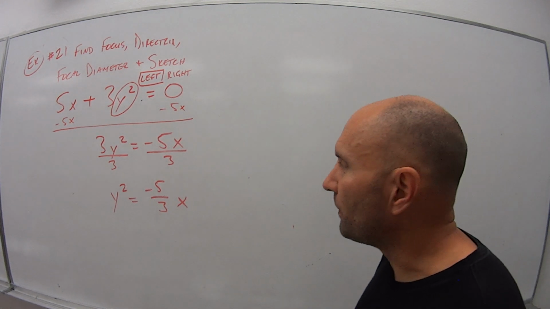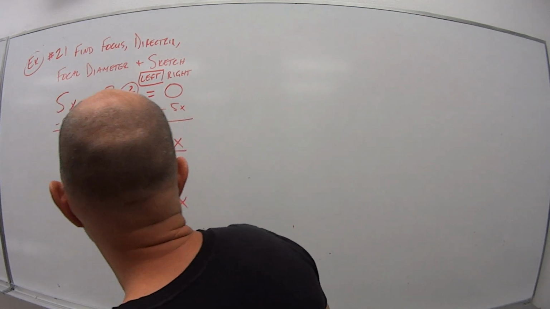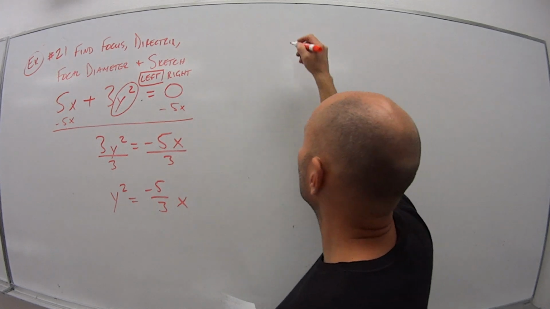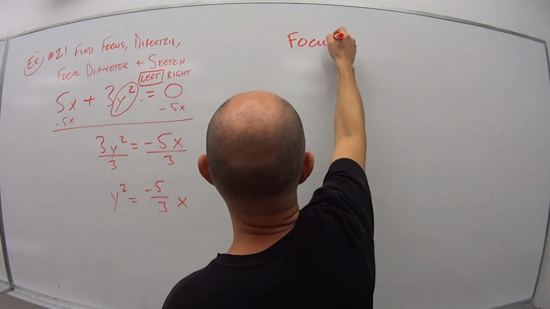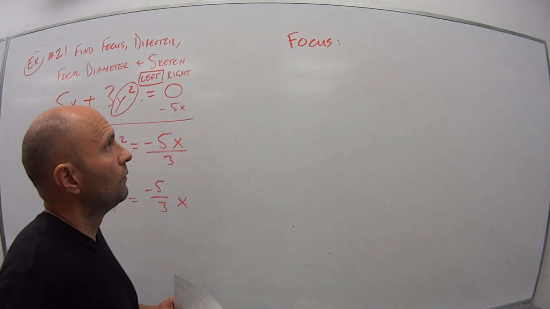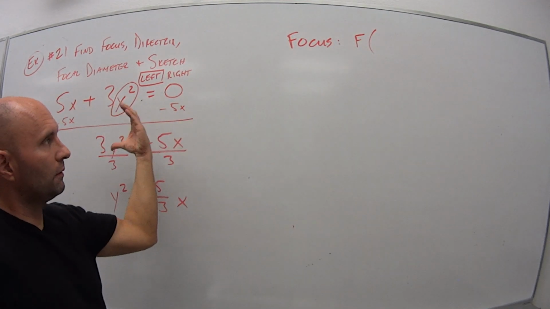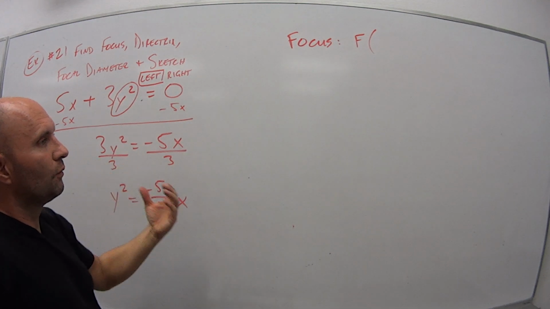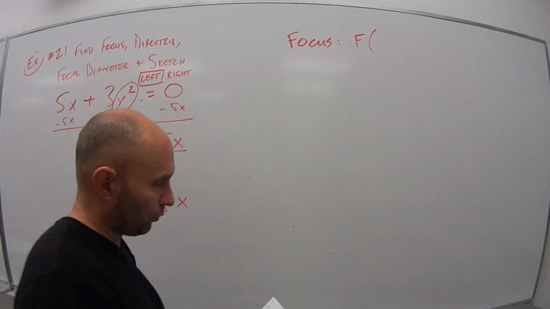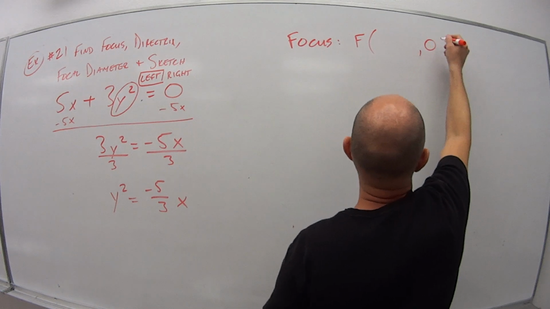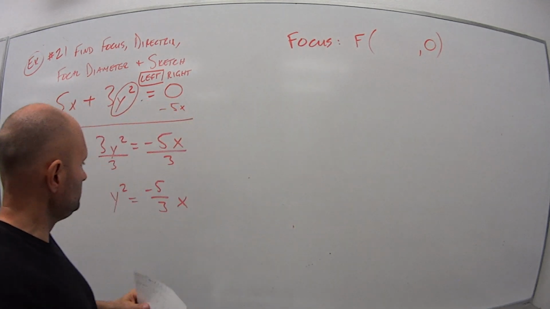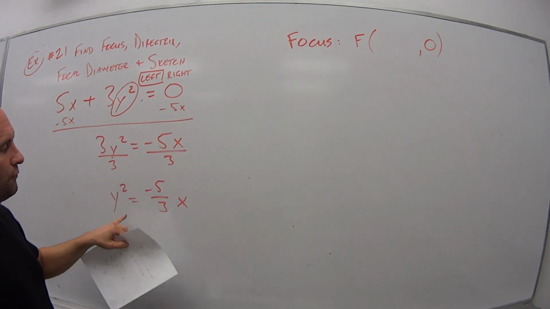All right, welcome back. I hope you were able to get through this guy. So the first thing, our focus. This is a point now. Because this is a parabola pointing over to the left, we're not moving up or down, so the y value is 0. Now we need our value for p.